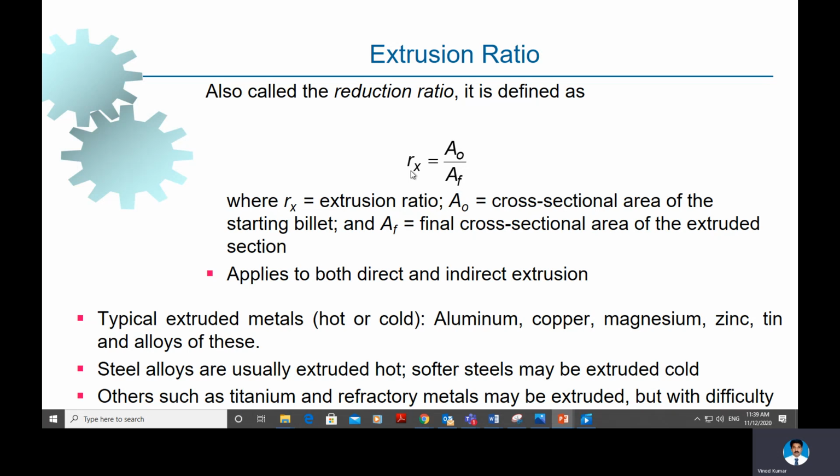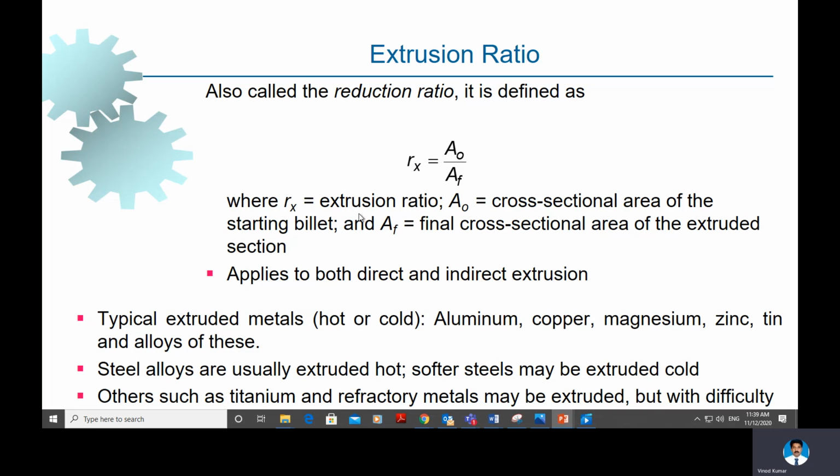So the amount of reduction is expressed in terms of a ratio called reduction ratio, which is A naught, initial area, by AF, final extruded area. This equation can be applied for both direct and indirect extrusion processes.